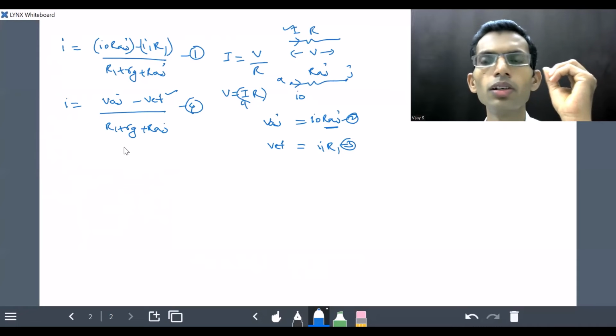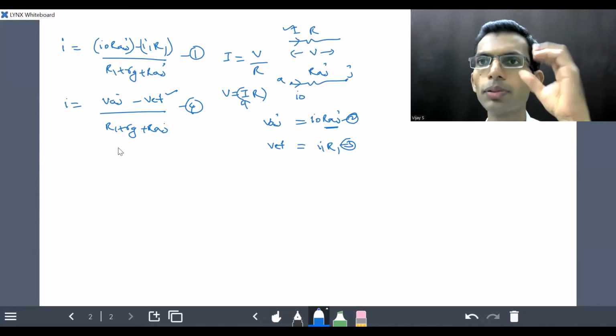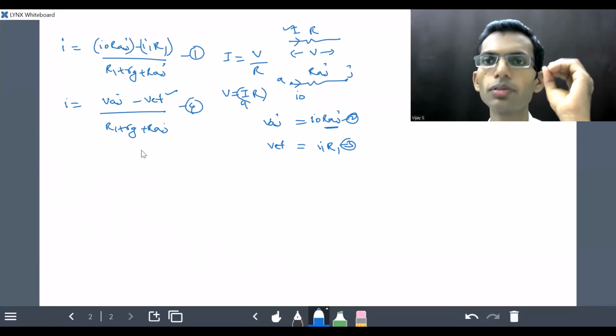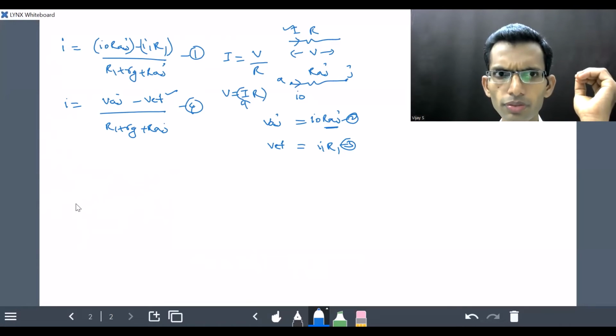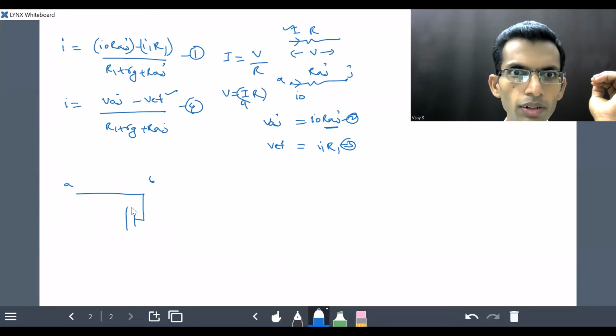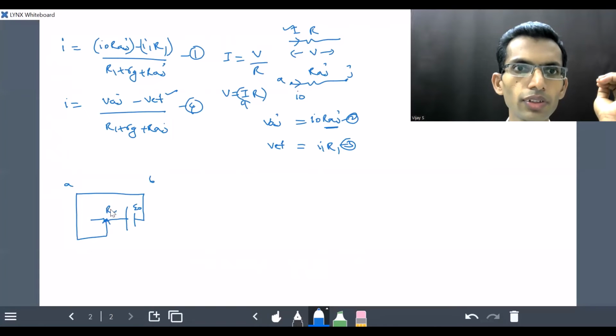Before going to the experimental procedure, let me make certain things clear. For that, let me draw the circuit diagram again here. So the potentiometer circuit consists of the main circuit in which wire AB, battery E0, and rheostat R0 are connected in series. That we know.